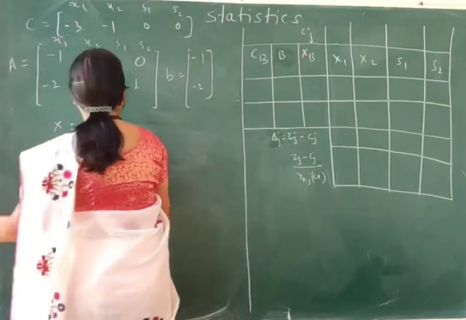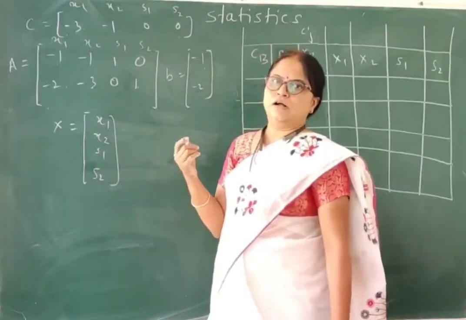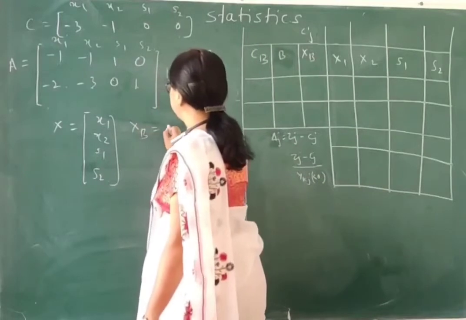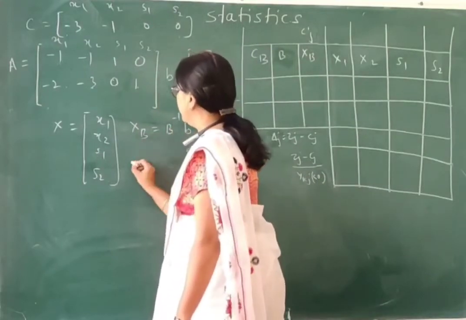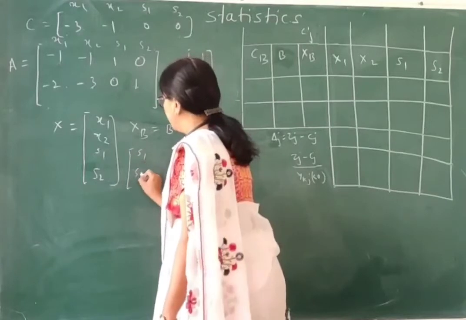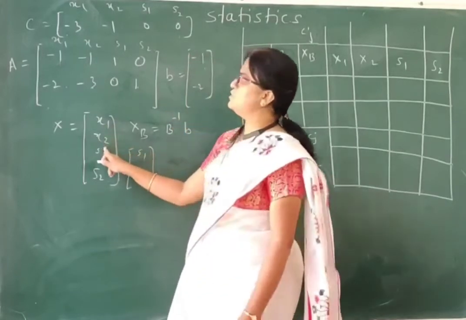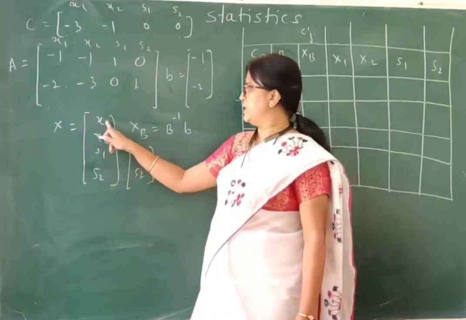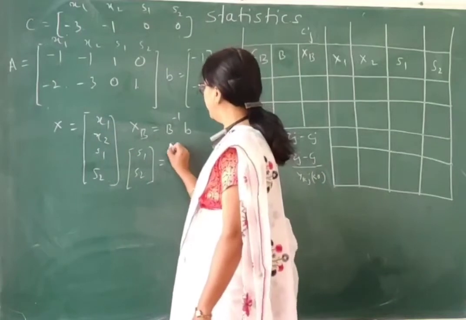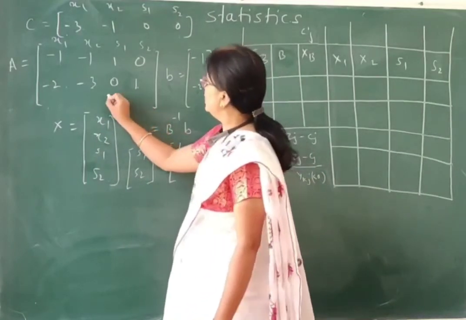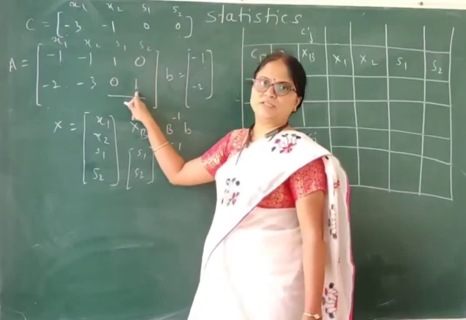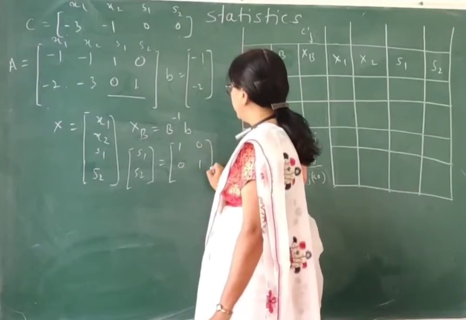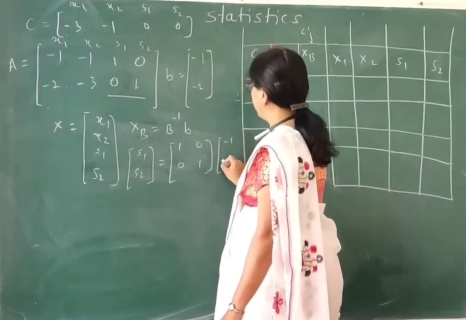Now we can find the initial basic feasible solution by using the formula xB equal to B inverse into b. Over here the basic variables are s1 and s2, and the variables present in our original LP, x1 and x2, are the non-basic variables. So xB is B inverse, which is the 2 by 2 identity matrix, 1 0 0 1, times b, which is minus 1, minus 2.